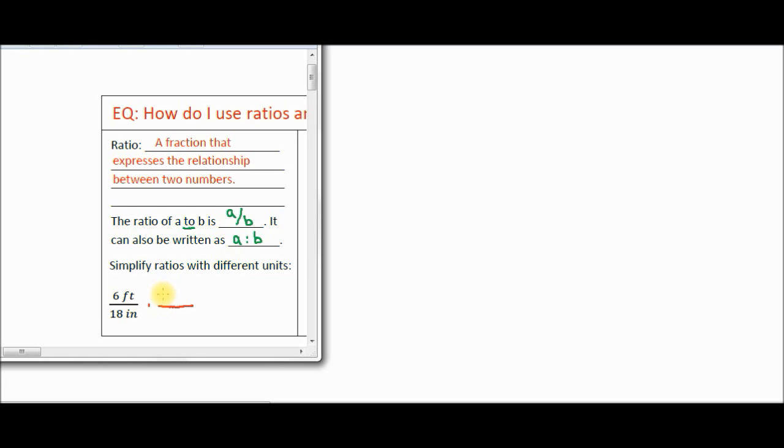What if I wrote here 12 inches over 12 inches? I think you'd all agree that 12 inches over 12 inches is just equal to 1. But we also know that 12 inches is the same as 1 foot. So what if, instead of writing 12 inches on the bottom, we instead wrote 1 foot?